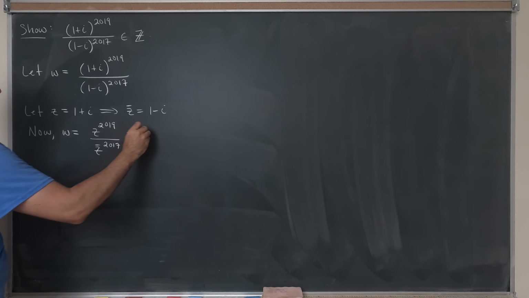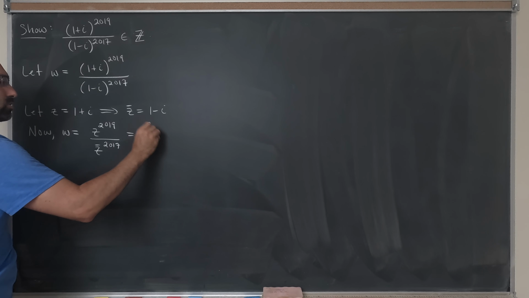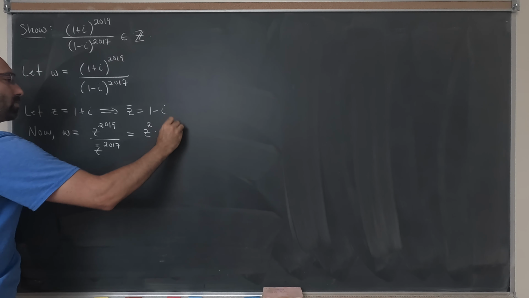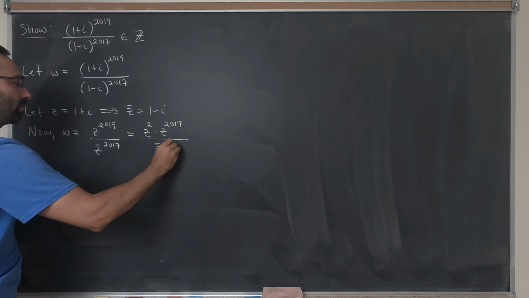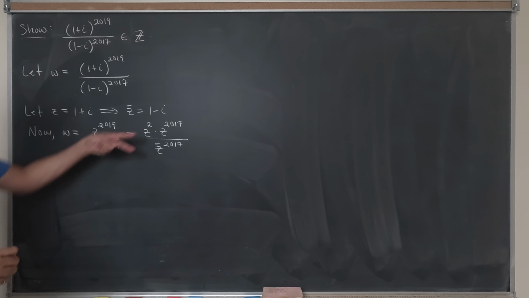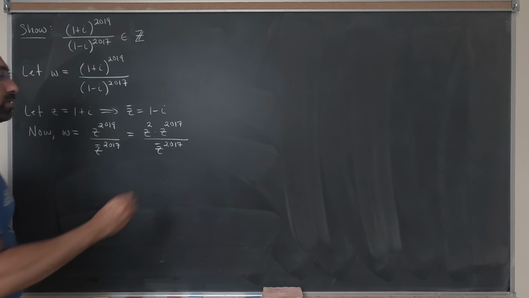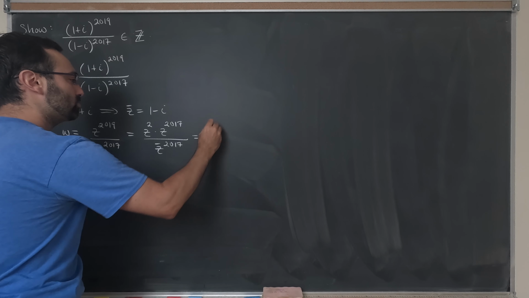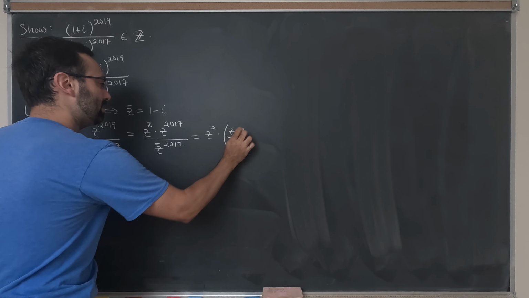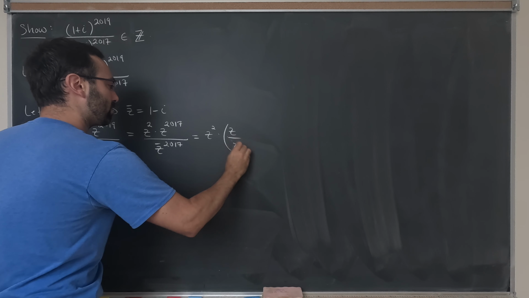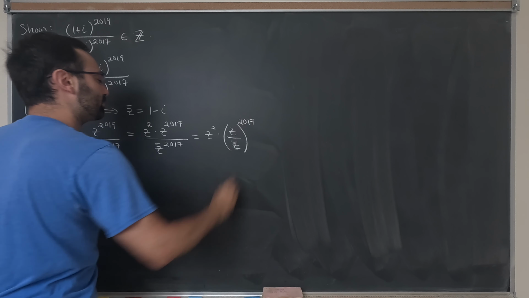But we can break this up. What we have is the following. This z to the power of 2019 can be written as z squared times z to the power of 2017. And now because these two quantities are each raised to the same exponent, what we can write now is z squared times (z divided by z bar) to the power of 2017.